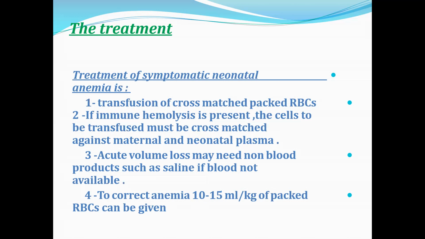Acute blood loss may need a non-blood product such as saline if blood is not available. To correct anemia, we can use 10 to 15 ml per kg of packed RBC, and then, of course, follow and treat according to the next complications.